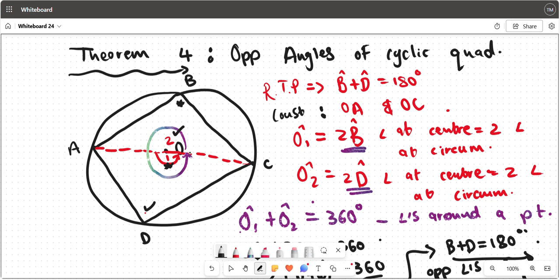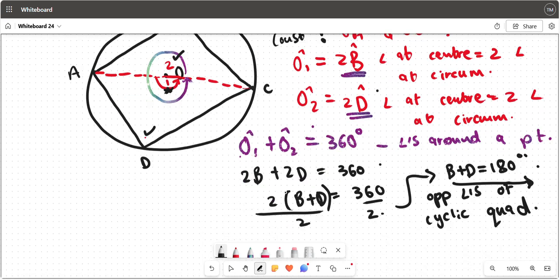Then you can do angles around a point, where O1 plus O2 will give me 360, and from that you can just substitute and you'll find your final equation, and you just put in your reason there. So this is theorem number 4. Let's move on to the next one.